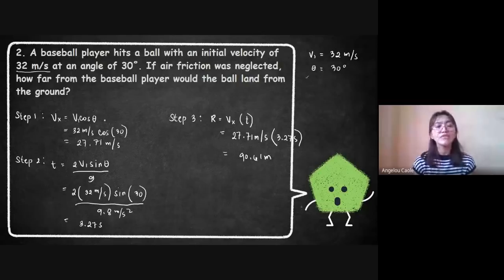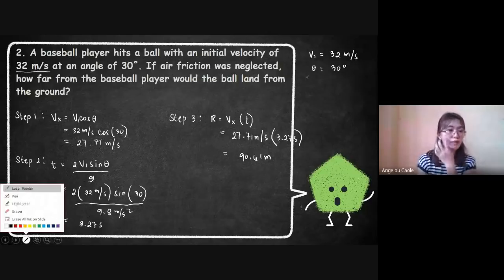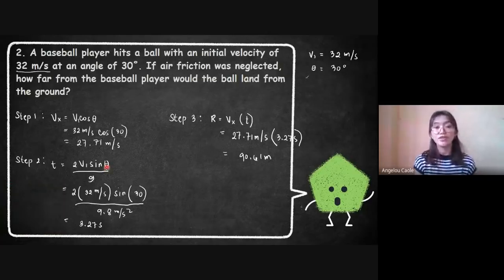Now, after finding the velocity, you can solve for the value of time using this equation. We cannot use the formula of time that we had in our previous examples because we do not have height in the problem. As I said a while back, you should determine the given and then look for the formula that is suited for the given data.